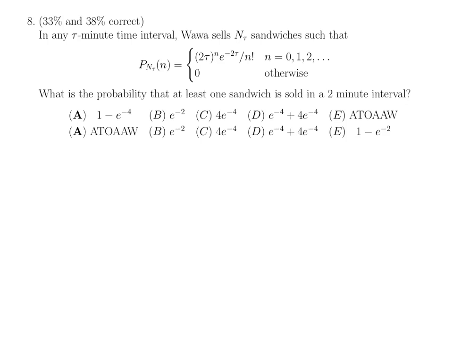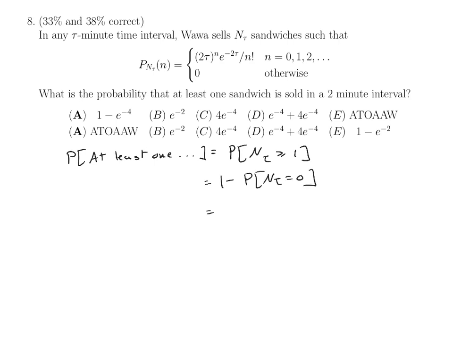So the catch here, of course, is that the probability of at least one is the probability N_tau is greater than or equal to 1, which is 1 minus the probability N_tau equals 0.